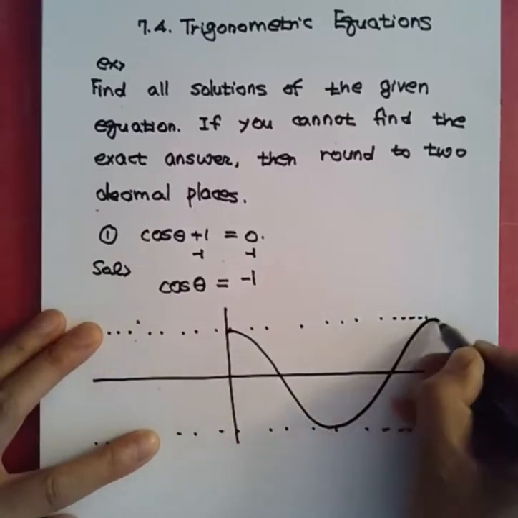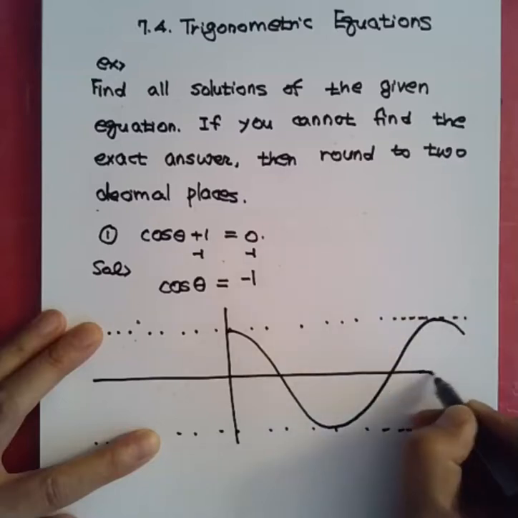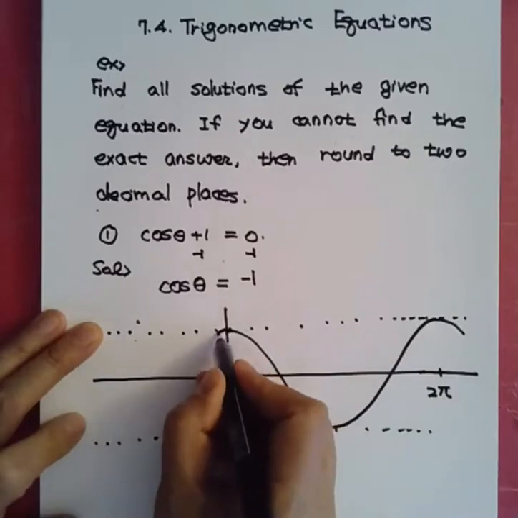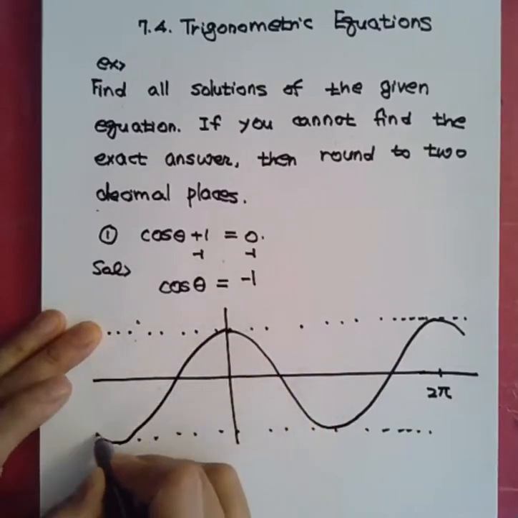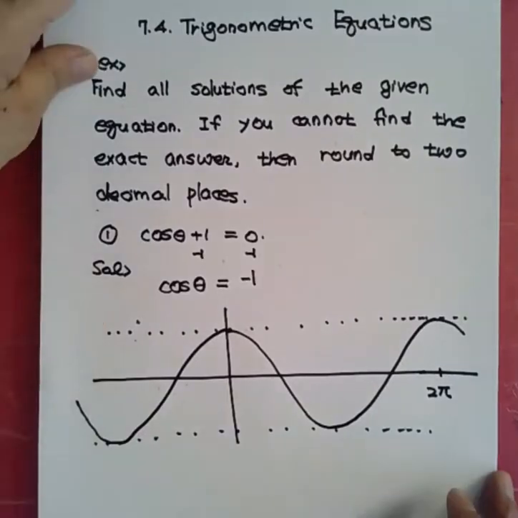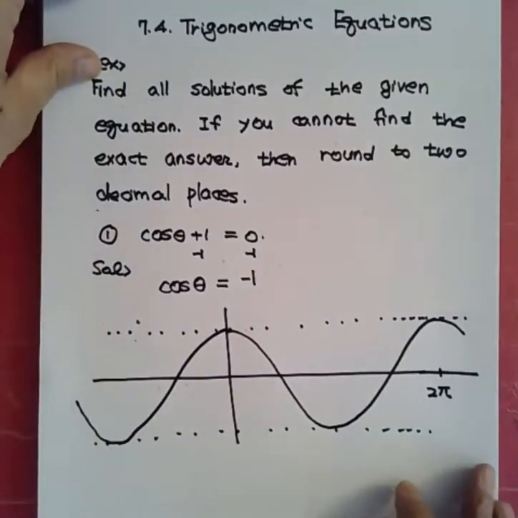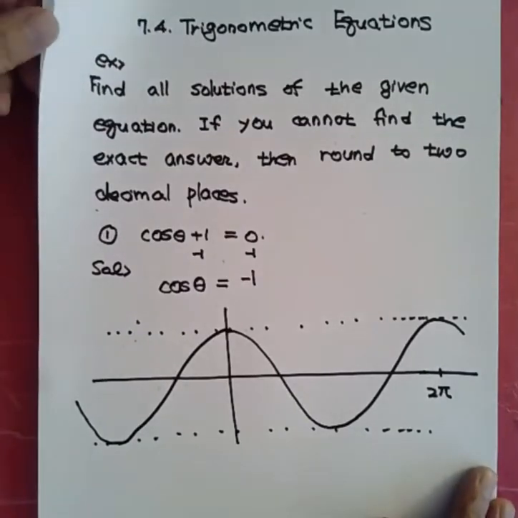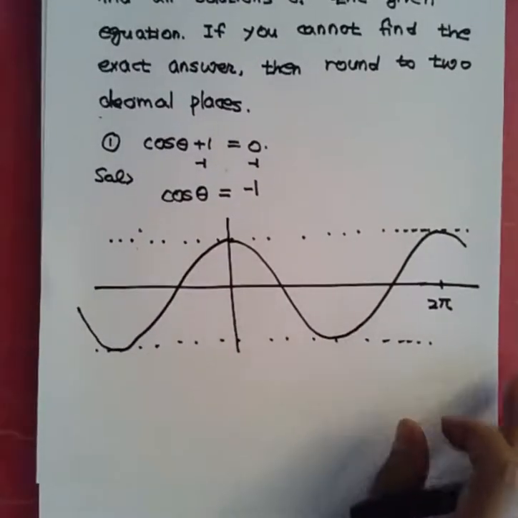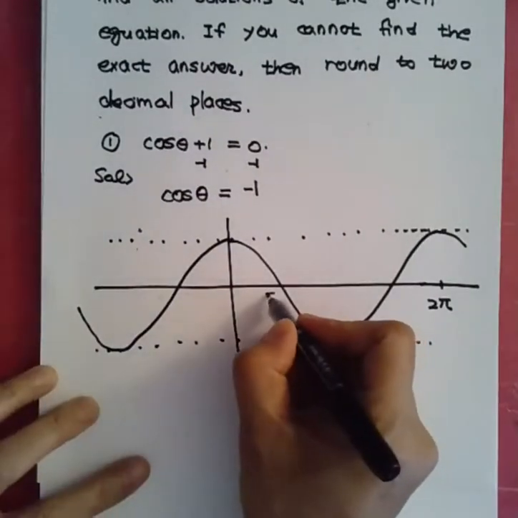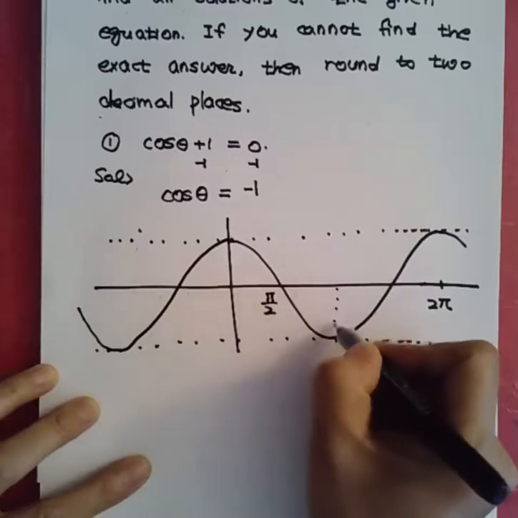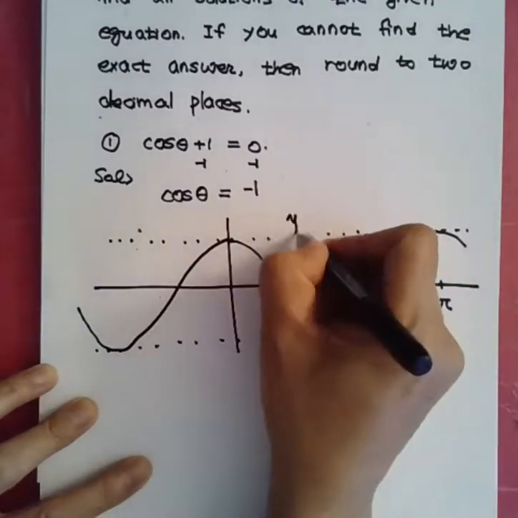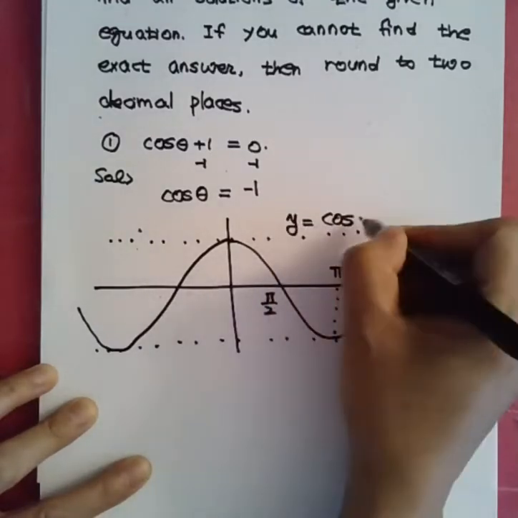It's enough to consider up to 2 pi, because after you think about the solution between 0 and 2 pi, you will extend the solution by adding 2k pi, meaning you have to list all the coterminal angles. This is pi over 2. This is pi. This is 3 pi over 2. This is y equals cosine of x or cosine of theta.